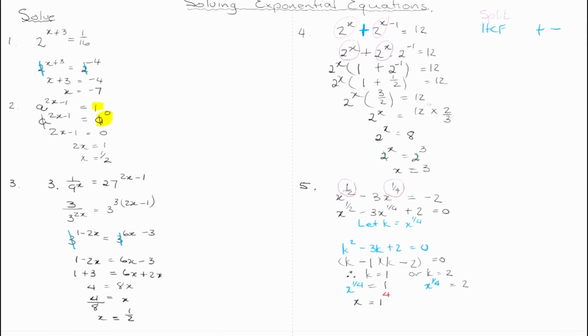And on this side here, x equals 2. And if it's a quarter on the left, it is a power of 4 on the right. And my answers are then x equals 1 to the power of 4 is 1, and 2 to the power of 4 is 16.